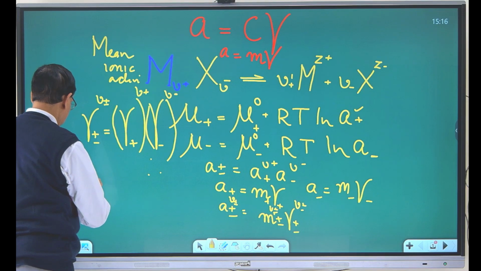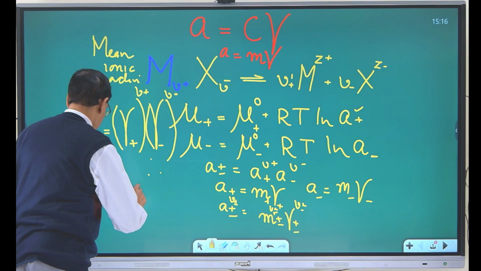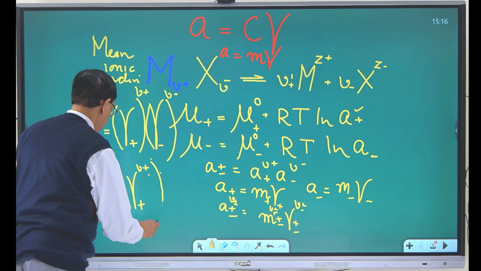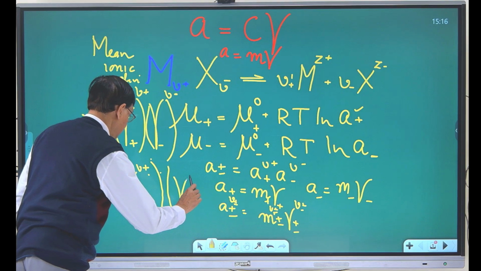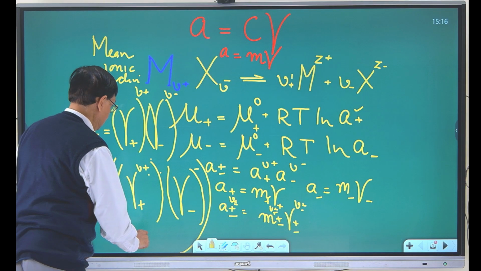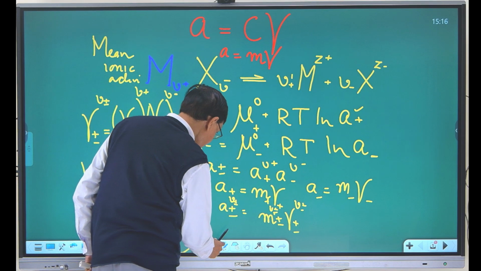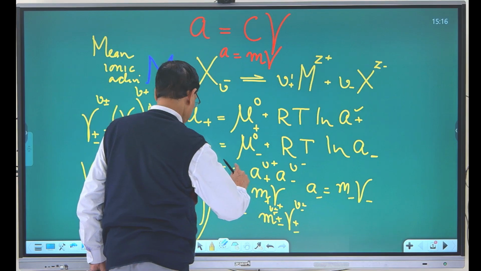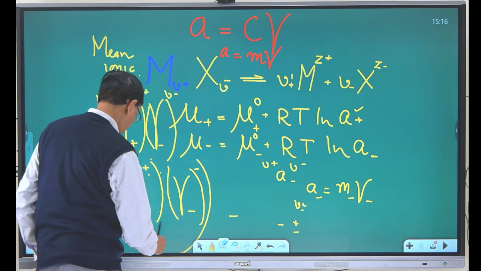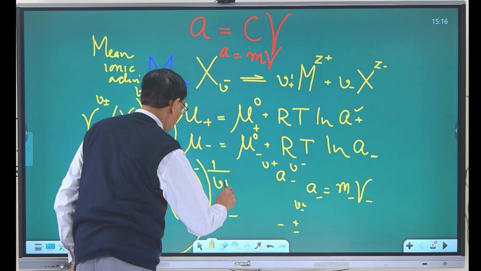So if I write nu plus minus, it is very simple: nu plus minus is equal to nu plus plus nu minus, and the exponent is 1 by nu plus minus.